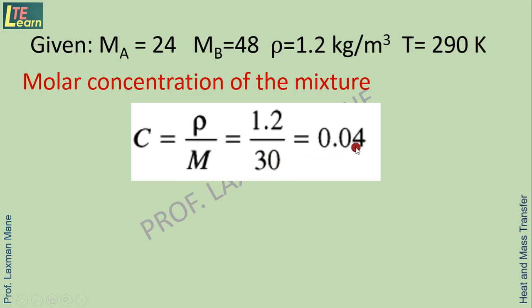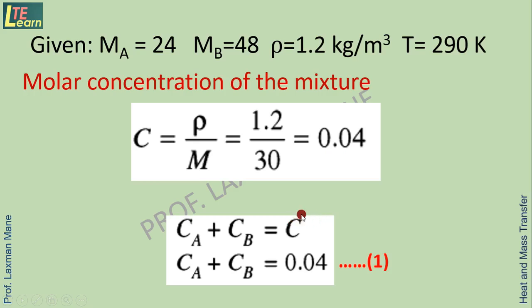So we find here this 0.04. We can use this for further calculation. So this is the molar concentration of the mixture, meaning we can write here molar concentration of gas A plus molar concentration of gas B is equal to molar concentration of the mixture, meaning Ca plus Cb is equal to 0.04. Let's call this equation number 1.